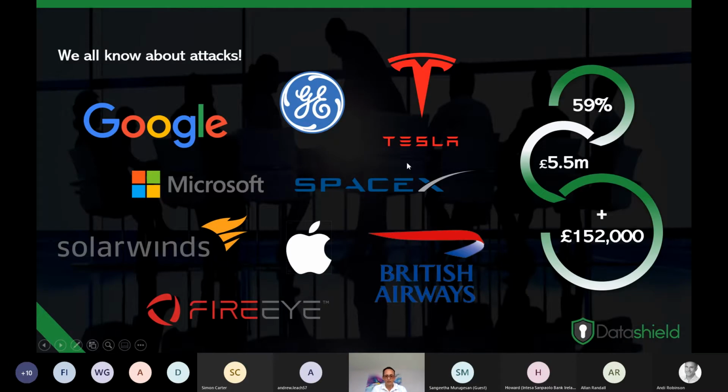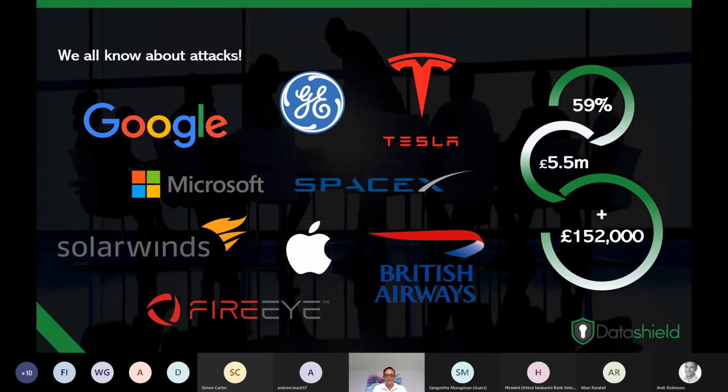As Andy said, we all know about the types of attacks that are happening against businesses through their third-party suppliers. We've put up a few companies here that have been recently attacked through their third-party suppliers. If you look at the Ponemon Institute research, it estimates around 59% of organisations will suffer some form of attack through their third-party supplier.